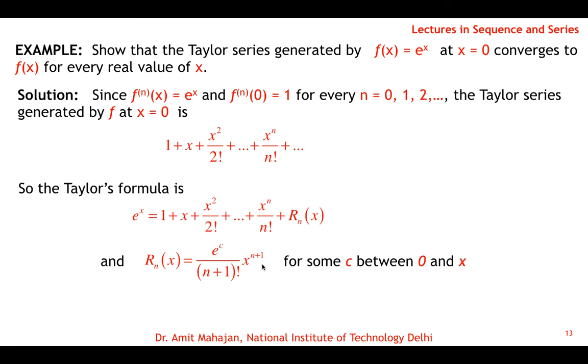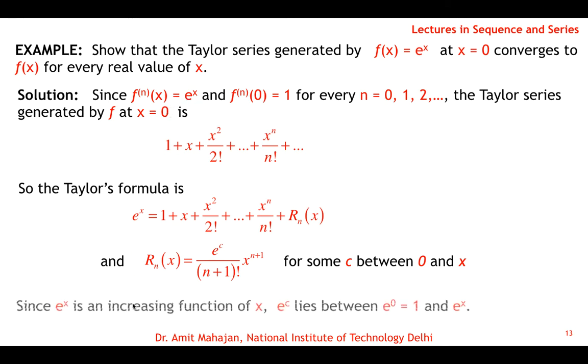So now we just need to show that this goes to 0 when n goes large. Since exponential functions are increasing functions of x, and c lies between 0 and x, e to the power c must lie between e to the power 0, which is 1, and e to the power x.